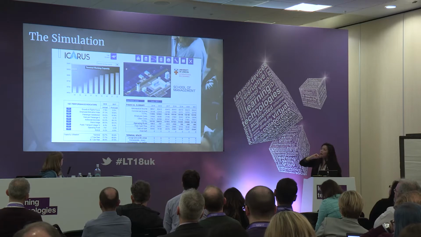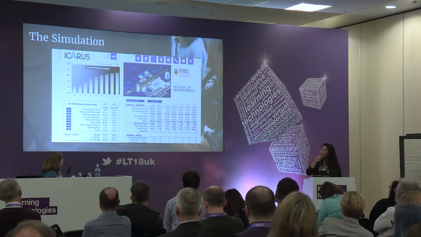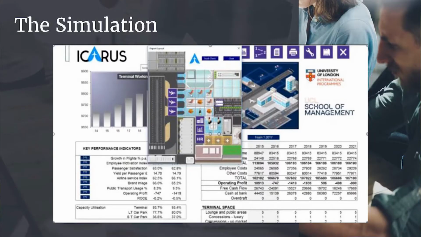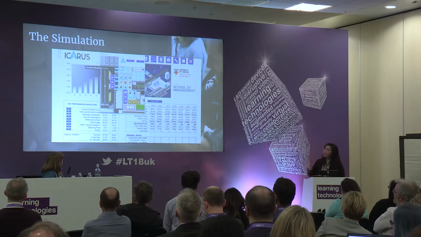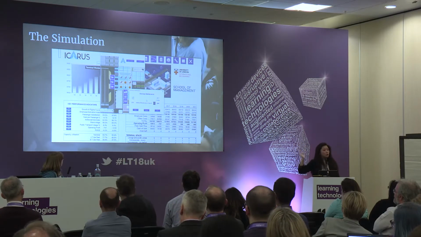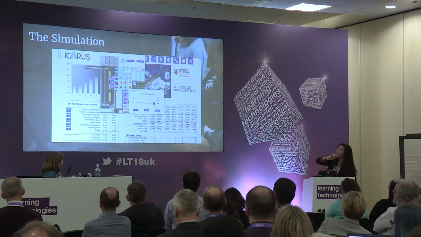Not only do they get to look at the financial data, but they also get to look at a slightly less glamorous version of the previous screenshots, but nonetheless an airport map that they can interact with as well. So they'll be clicking on various different parts, like the lounge, the different concessions, the runways, and a little pop-up will ask them to make strategic choices based upon, in this case, the runway maintenance costs.